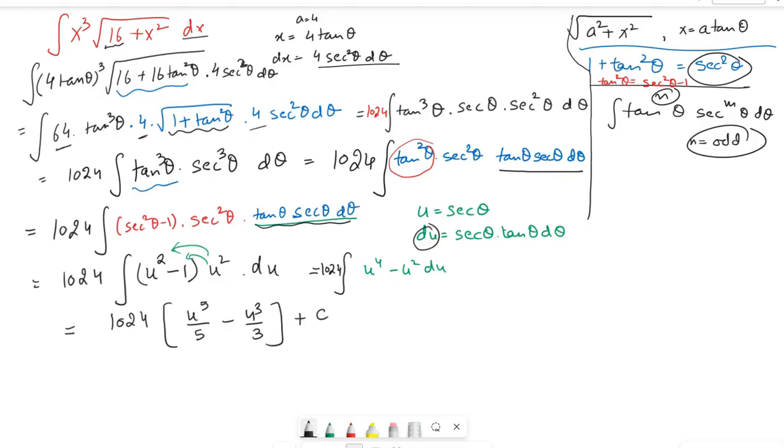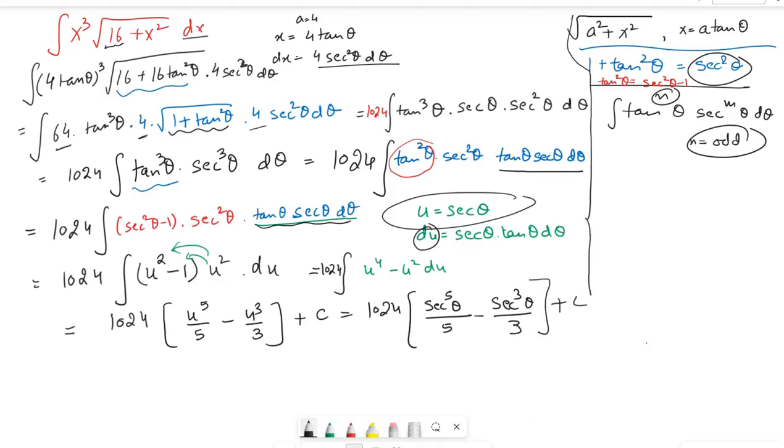So we're done with integration, but we need to get back into the original expression format. The original expression was in terms of x. First of all, we need to put u back. Let's do that. Secant power 5 theta divided by 5 minus secant cubed theta divided by 3 plus c.